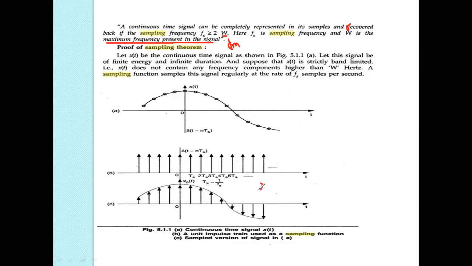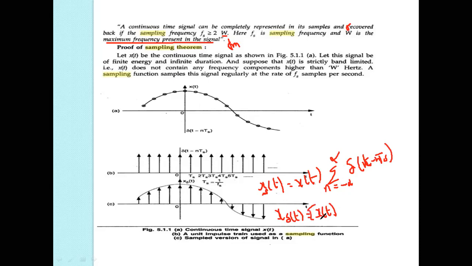Multiply the two functions: x delta of t is equal to x of t multiplied with the sum of n equal to minus infinity to infinity delta of t minus n Ts.